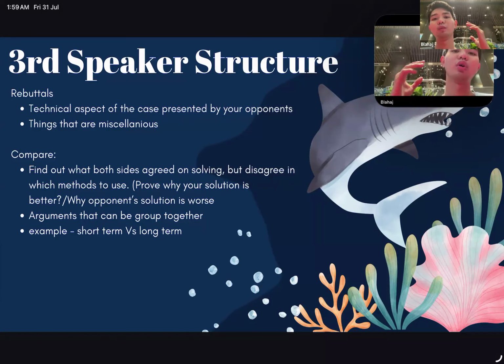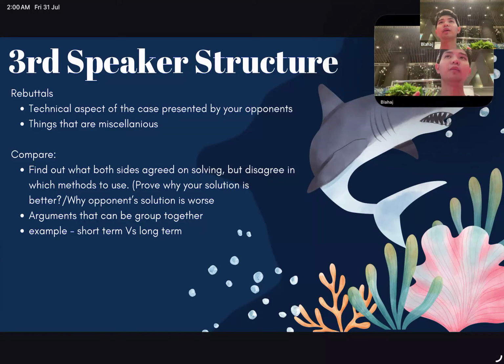So comparatives. As the third speaker, in order to provide a conclusion, you always have to constantly compare why your team's case is better than your opponent's. A few things you can try is to find out what both sides agreed on solving but disagree on which method to use.